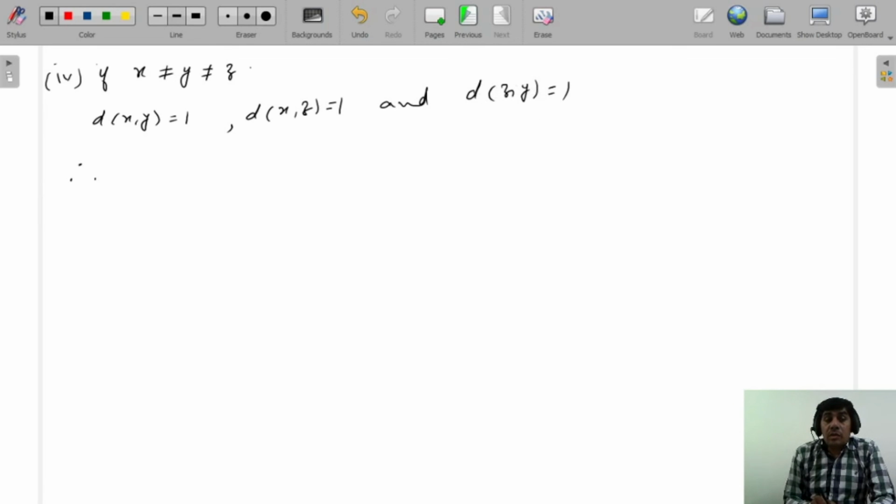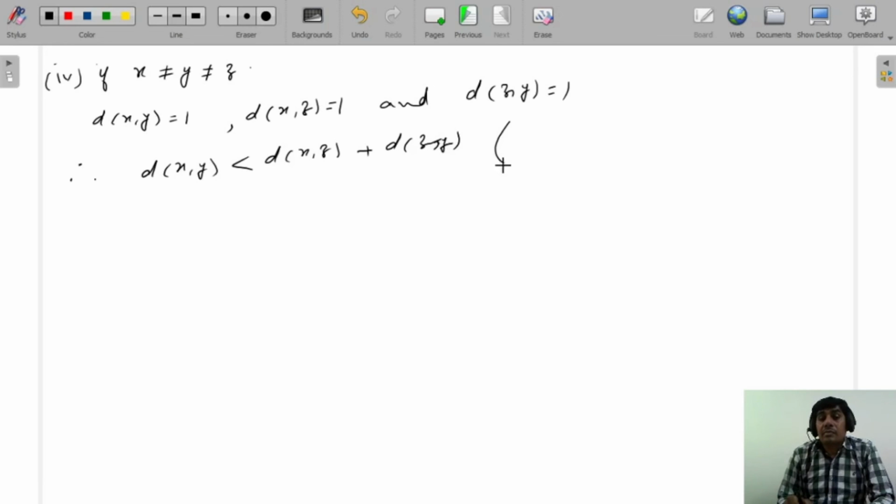So, dxy is less than dxz plus dzy, because on the left hand side the distance between x and y is 1, and on the right hand side the distance between x and z is 1, and distance between z and y is 1. Therefore, 1 plus 1 is 2. So, 1 is less than 1 plus 1.